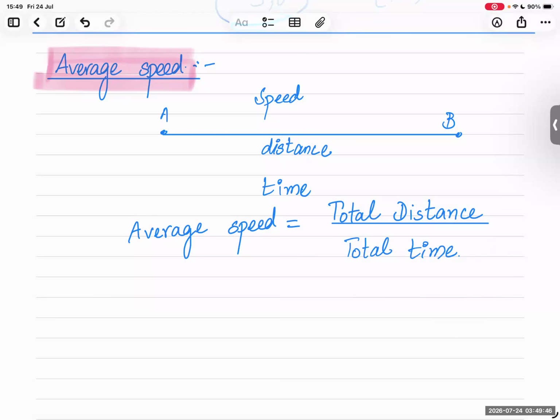That would be the formula for average speed: total distance divided by total time covered.